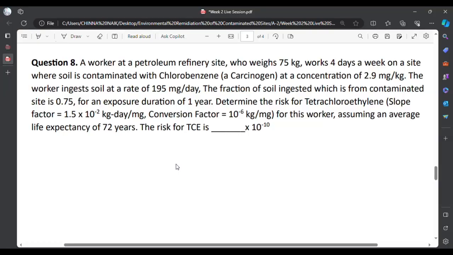Okay, then calculate. It's a simple formula. You just have to fill the data into the formula and calculate. You already have a calculator, so calculate and tell me the answer, only for soil ingestion intake.